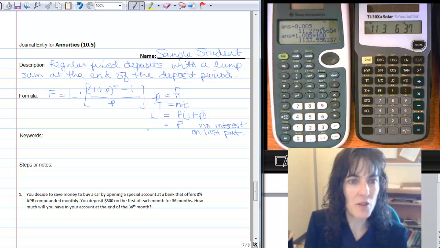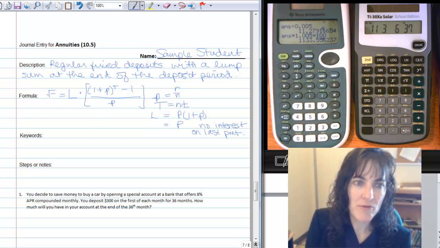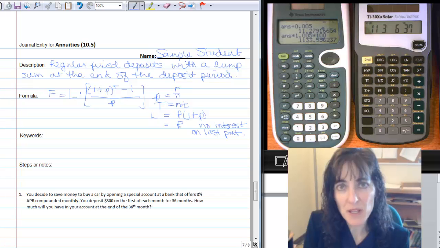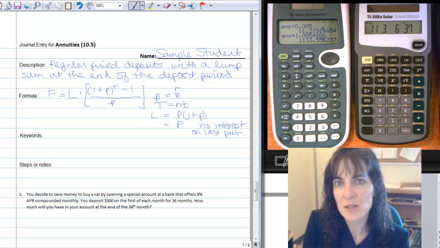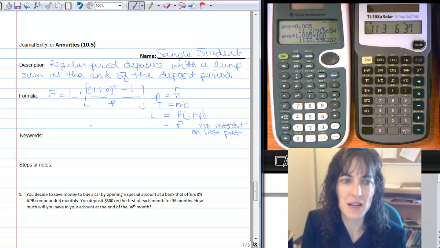Okay, so those are all the variables, and where they go, we know capital F is still our future value. The big P here is the amount of the payment that we're going to make each month, and then the R is the rate, N is the number of compoundings, and T is time.